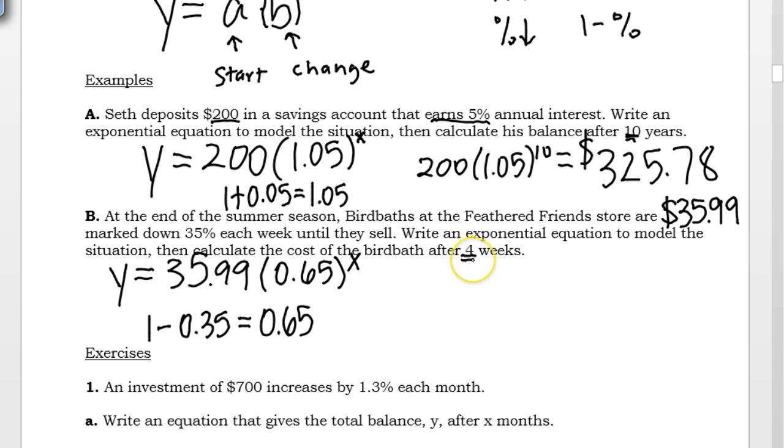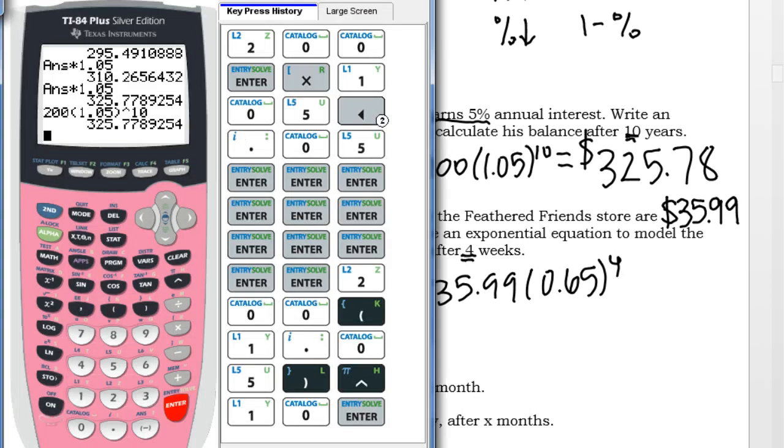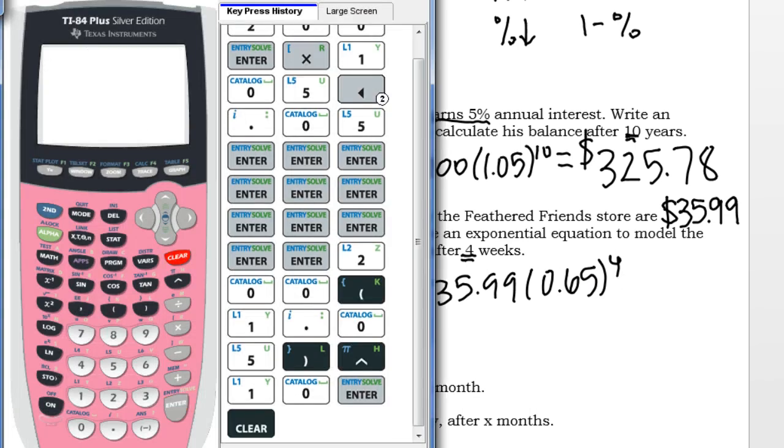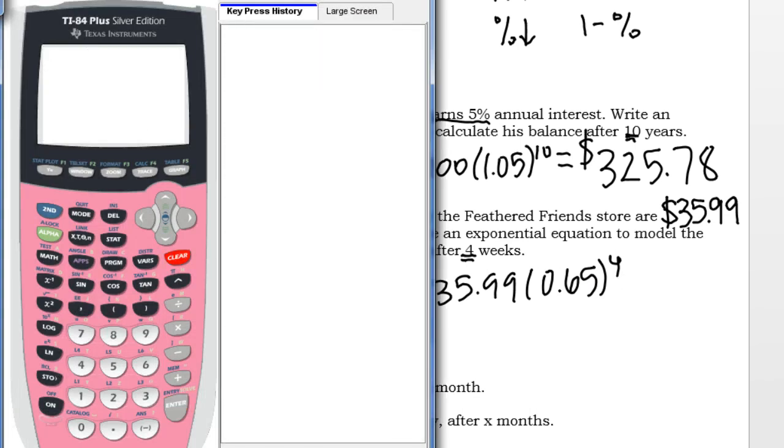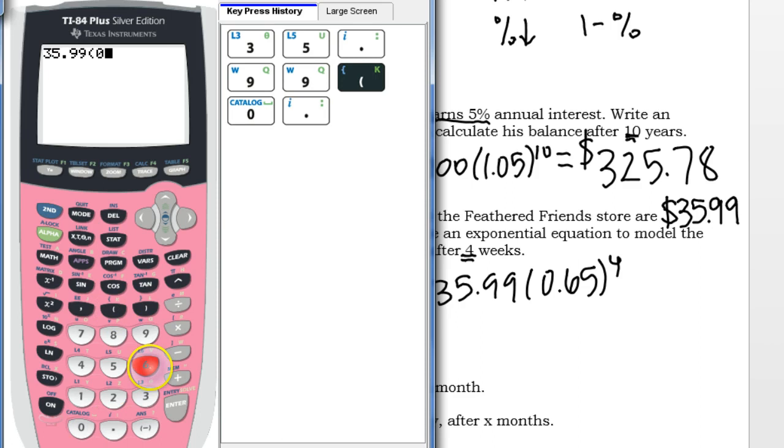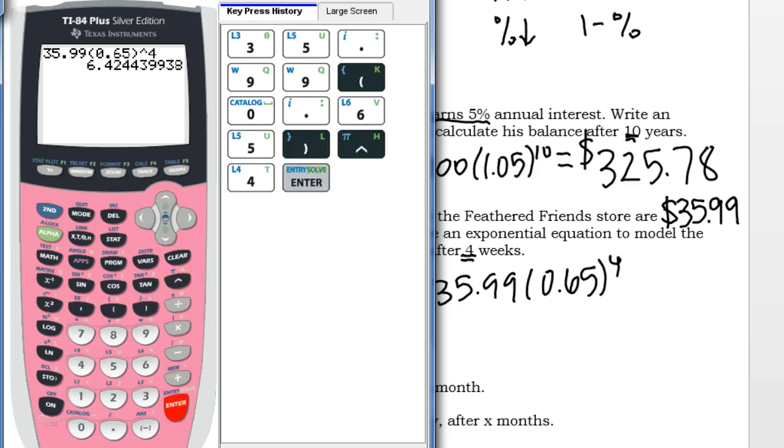And if I want to know how much a bird bath would cost after 4 weeks of markdowns, we have $35.99 times 65% of that over 4 markdowns. And that bird bath is only going to cost $6.42.